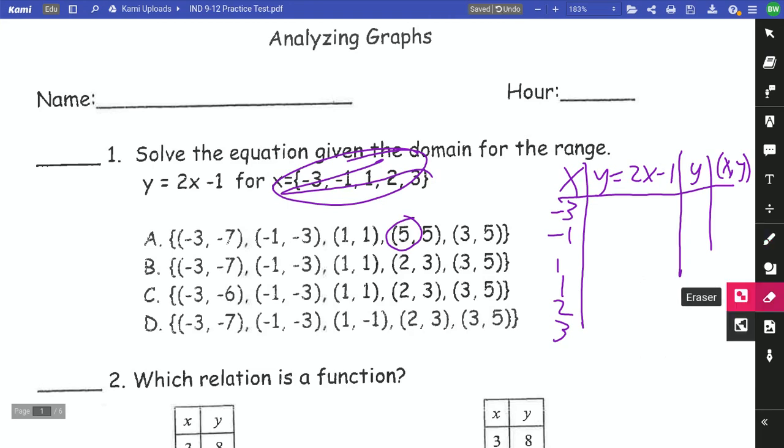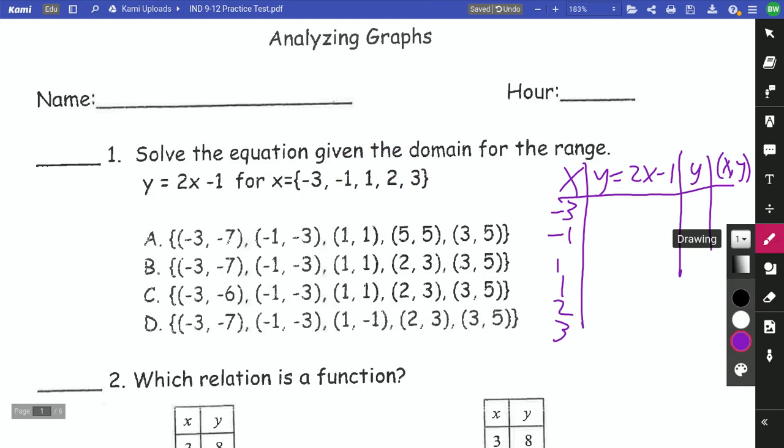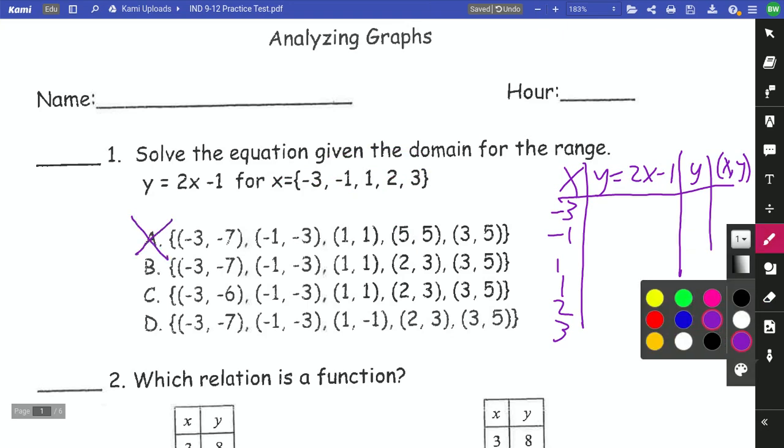So we eliminate A. And then since we don't have to worry about A, we can say, okay, for the x value of -3, we have 2 possibilities among our answers. B and D both say y should be -7. C says something different. So let's go ahead and find out that one.